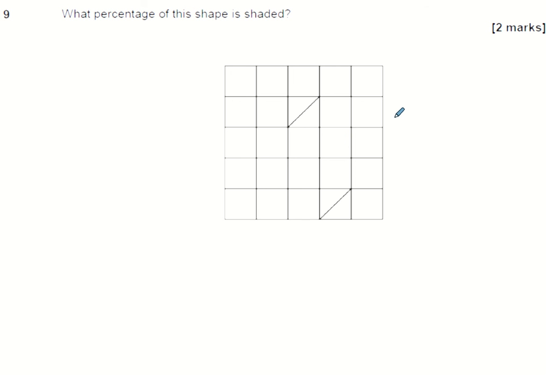Question 9. What percentage of this shape is shaded? This question involves counting squares that are shaded. So we have 1, 2, 3, 4, 5, 6, 7, 8, 9 full squares shaded. And then here we have half a square there and half a square there.